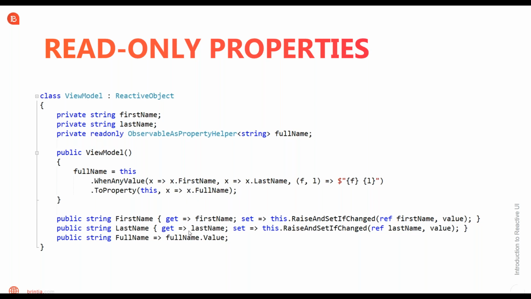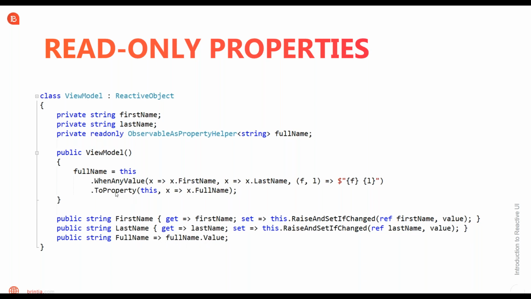So in the full name, we only have a way of getting the value. It doesn't have a setter nor a getter, but we are using this special syntax to say that the full name is the full name dot value. Why the value?